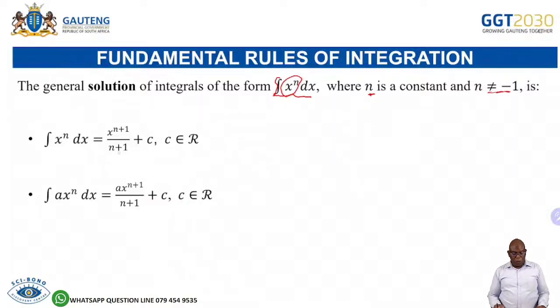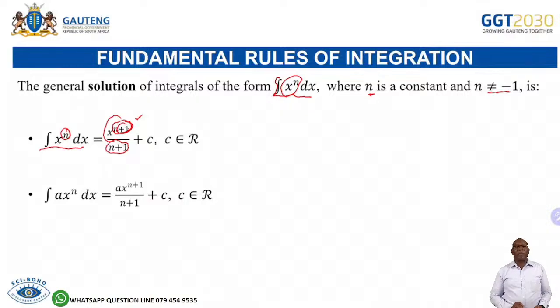So how do we do then this one? Look at this. When we integrate, we have this, we need to integrate it. What do we do? On the n here, we add 1. Remember, when we differentiate, we subtract 1. But when we integrate, we add 1 on the exponent. So it's n plus 1. Whatever we have added on the 1 here, we take that whole thing, then we put it as a denominator.